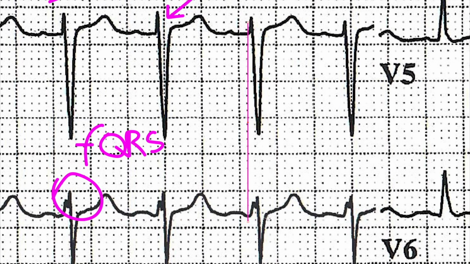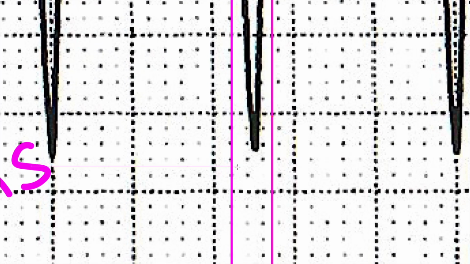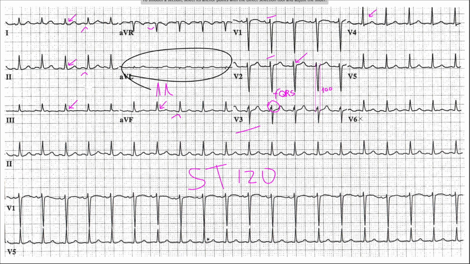So I'm going to pull another line right here, maybe a little bit more inward, and this gives me a nice view where I can measure out the width of this QRS. So 1 box, 2 boxes, 2.5 boxes. That's roughly, okay, let me get my brush. We're talking about 100 milliseconds here, right? 40 plus a half, that's 20. That gives us 100 milliseconds.